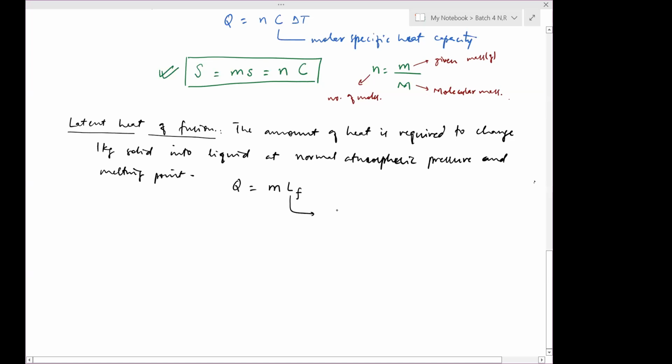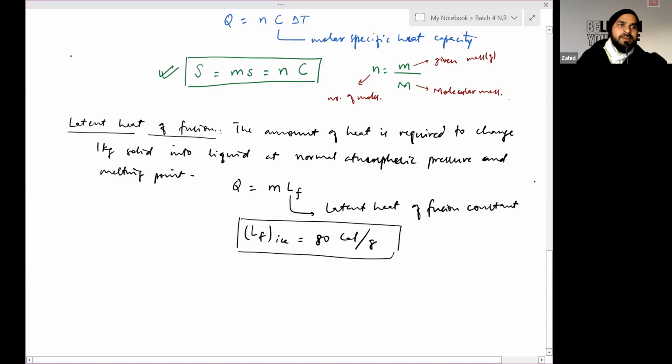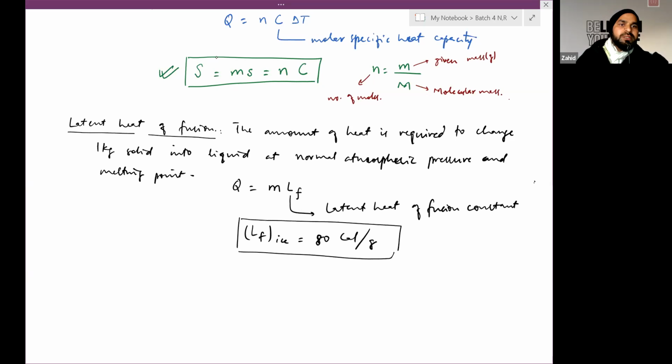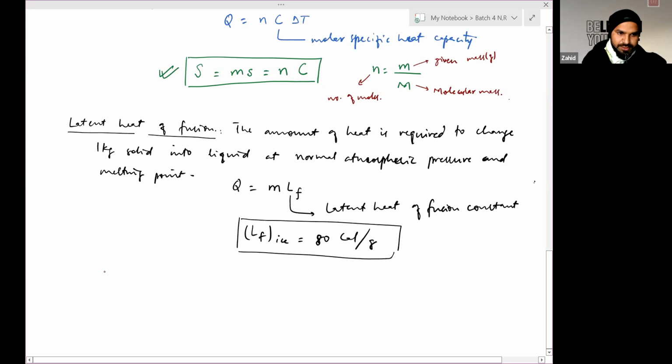This L is called the latent heat of fusion constant, and for ice it equals 80 calorie per gram. In case of converting from liquid into vapor, it is called latent heat of vaporization.